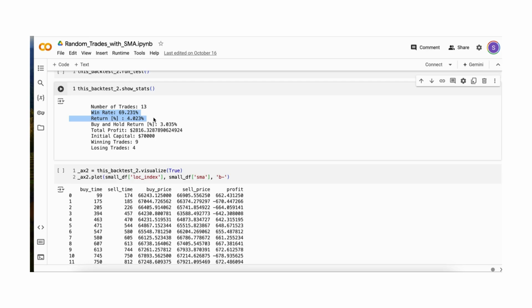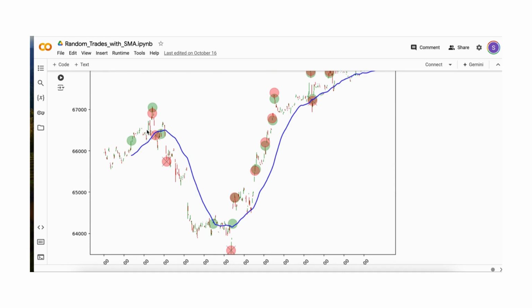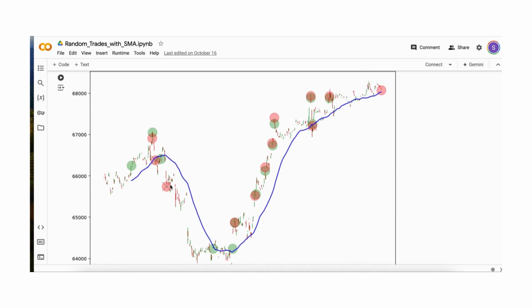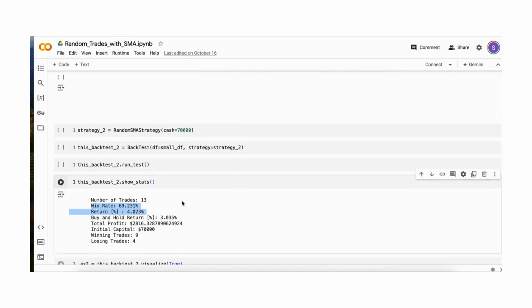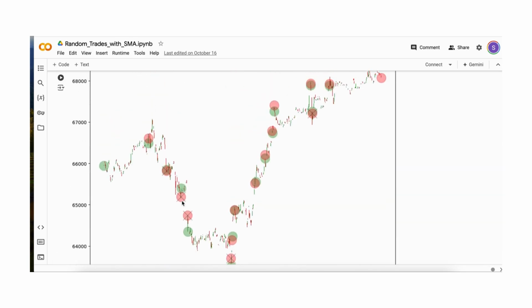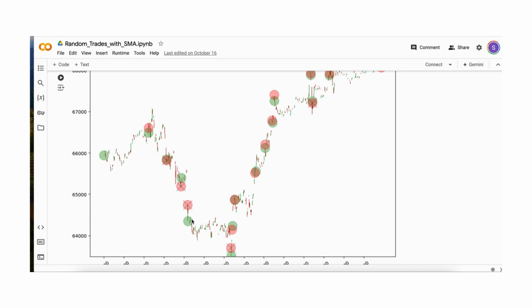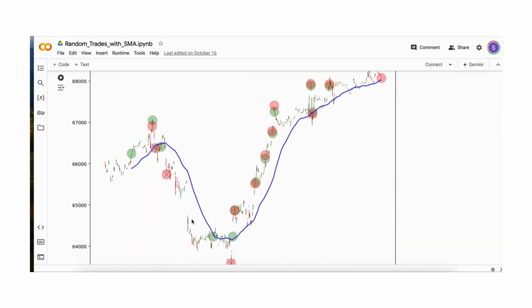One reason is that we are testing the strategy over a very small period of time, and there are only a few trades, maybe two or three bad trades that we were able to eliminate because of this strategy.